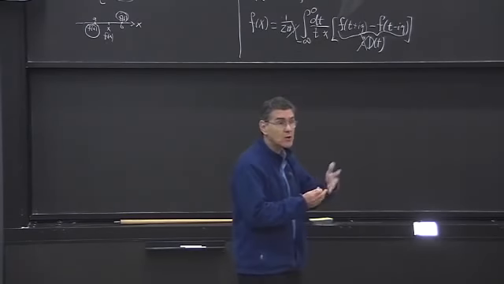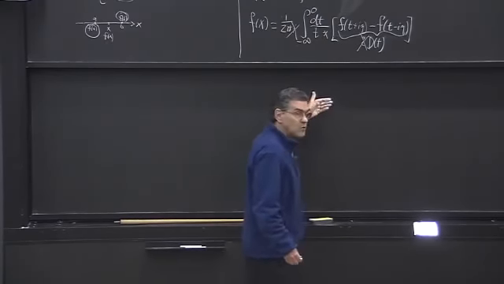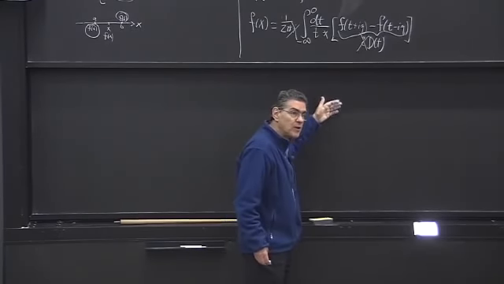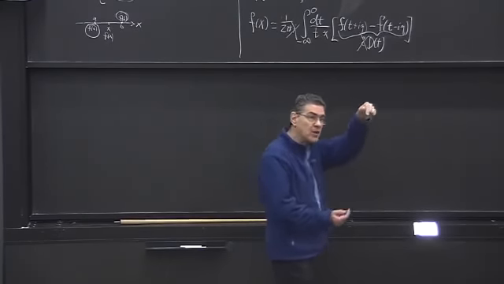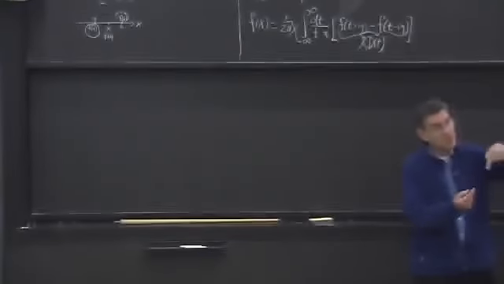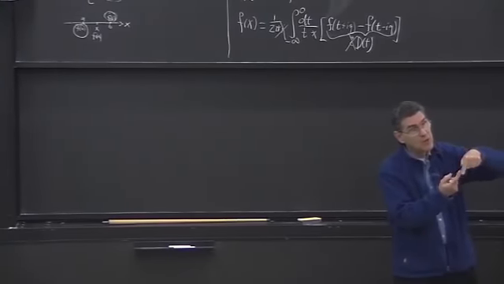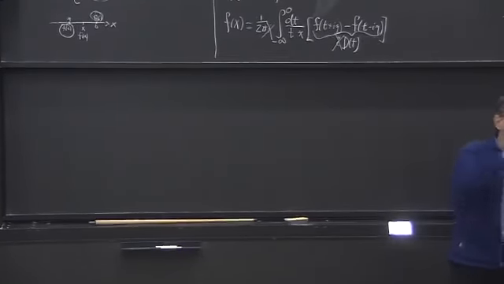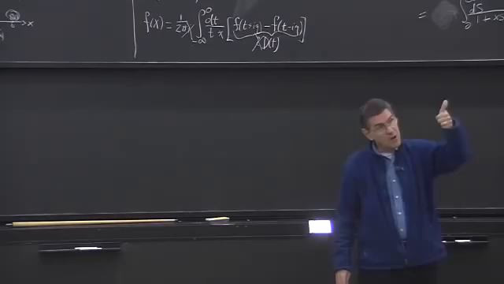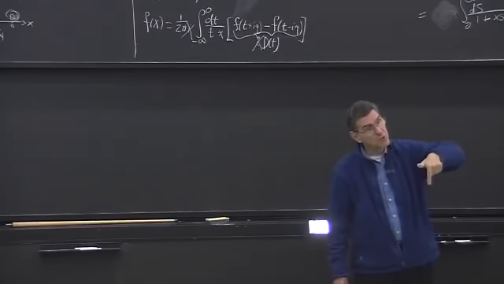The Herglotz property tells me that there's a symmetry between the upper half plane and the lower half plane. It's positive imaginary here, negative imaginary here. And as I approach the real axis, if the function exists, the imaginary part is going to disappear. If the function doesn't exist, then there's going to be a balance as I approach the real axis between the function in the upper half plane and the function in the lower half plane.